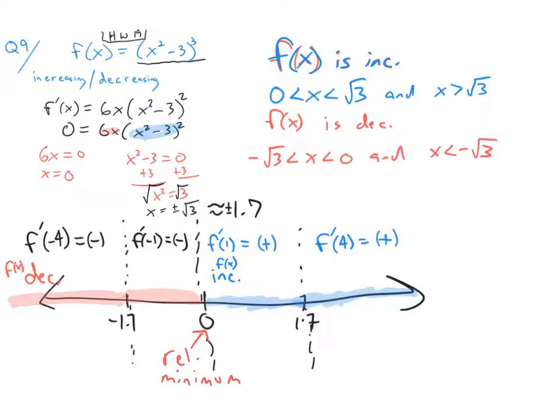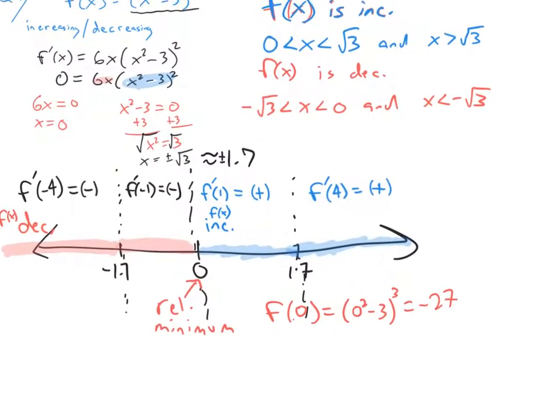And to figure out what that actually is, you would plug that number, the 0, into your original function, which was 0 squared minus 3, and then you would cube that. You would punch that into your calculator and you get negative 27. Let me shrink all this, or move it.